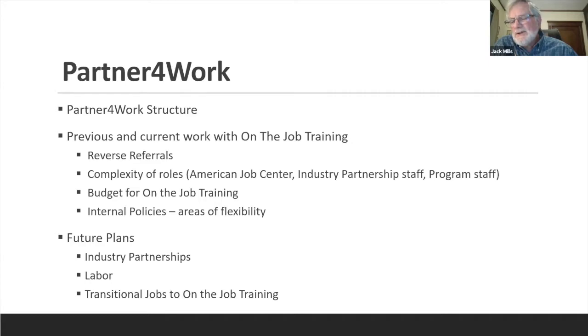And so they work with our career links, they work with all of the providers that we have involved. And so they play a crucial role in making sure the money is there at the career links for the OJTs. And they also are involved in the approval process.